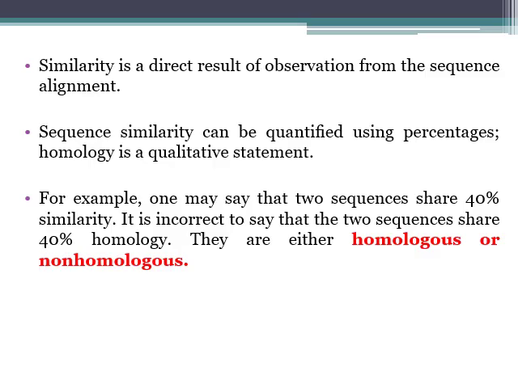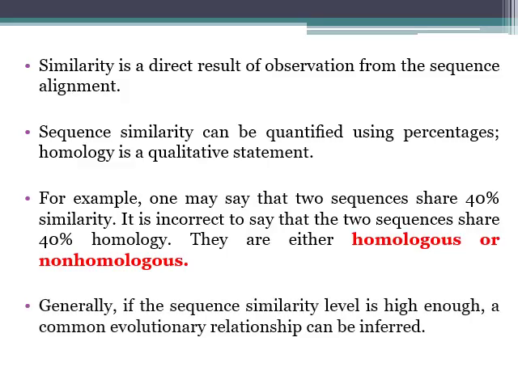For example, one may say that two sequences share 40% similarity, meaning 40% of the residues among two sequences are matching with each other. It is incorrect to say that two sequences share 40% homology. That is wrong. They are either homologous or non-homologous because it is a qualitative term, and that we determine on the basis of sequence similarity data.